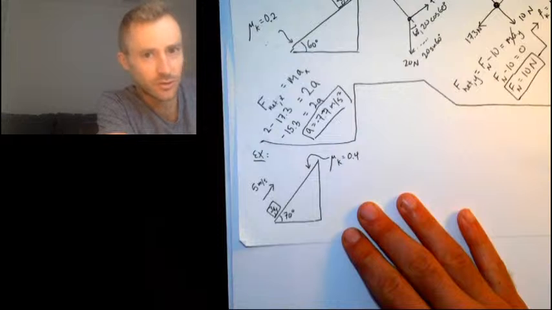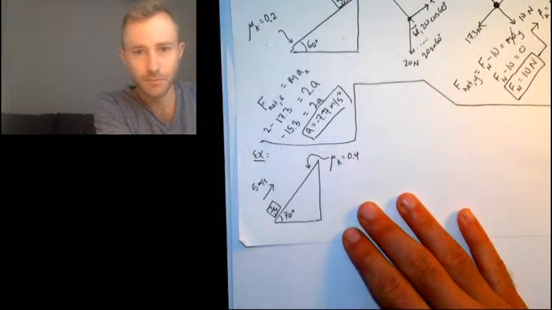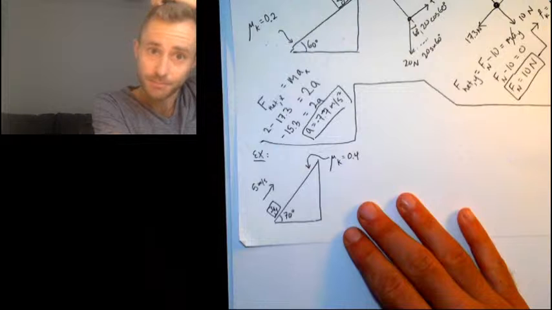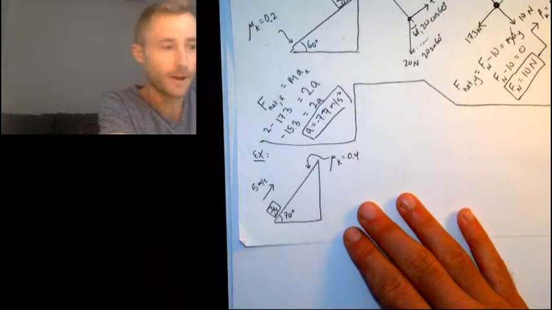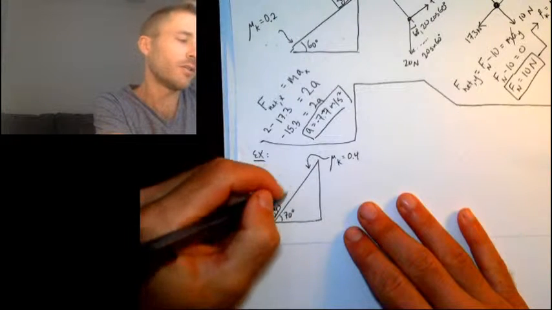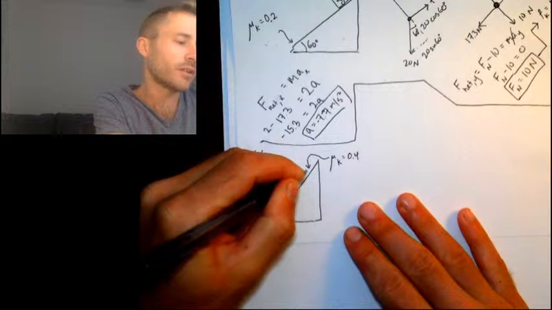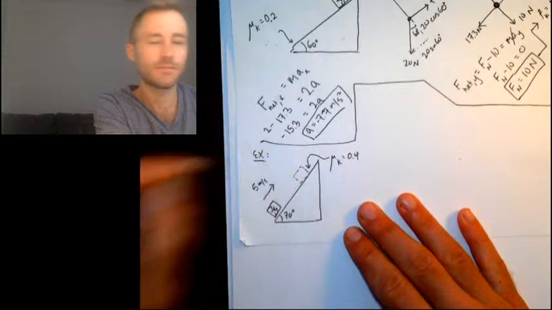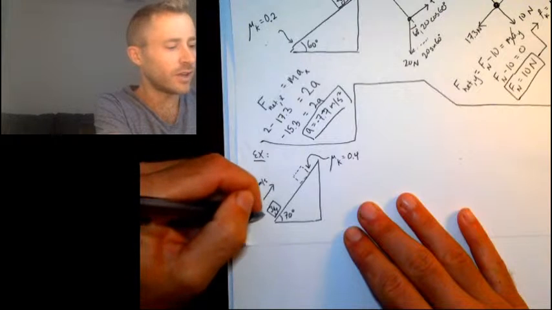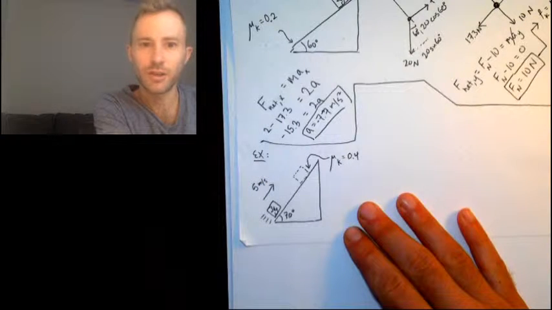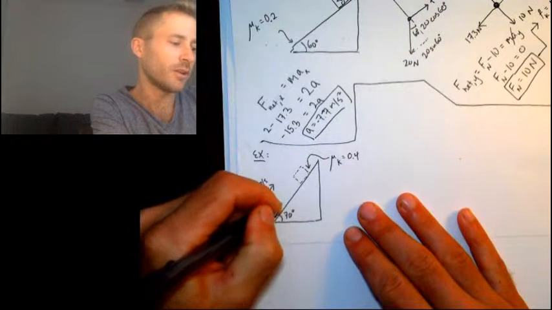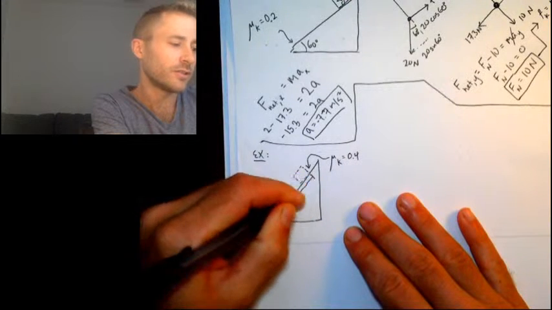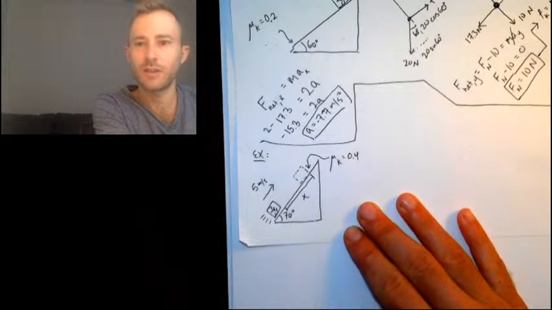So it's actually sliding up the incline, and eventually it's going to come to a stop. And we want to know, how far is the block going to slide before coming to a stop? So it's headed up the incline at first, and it comes to a stop, and we want to know what is this distance that the block slides.